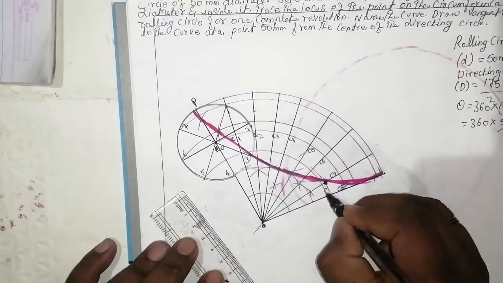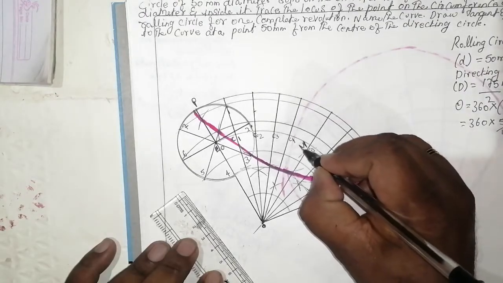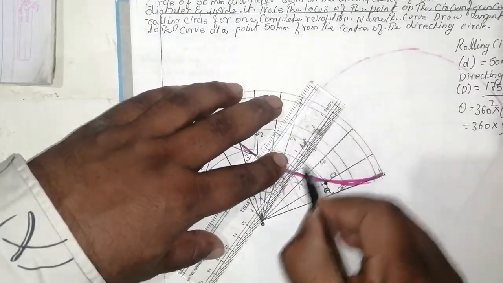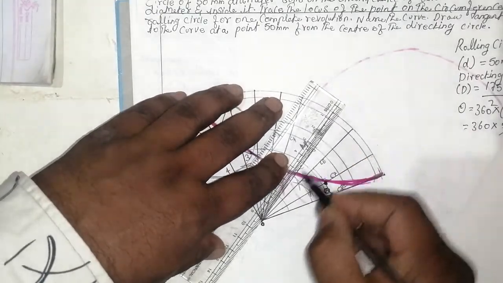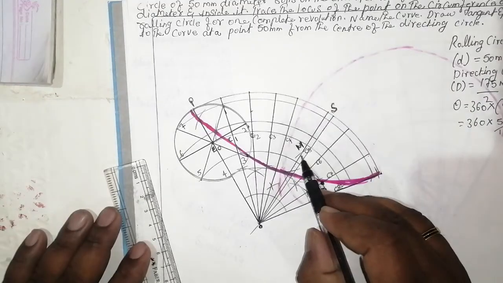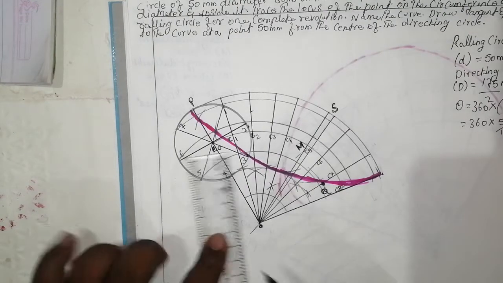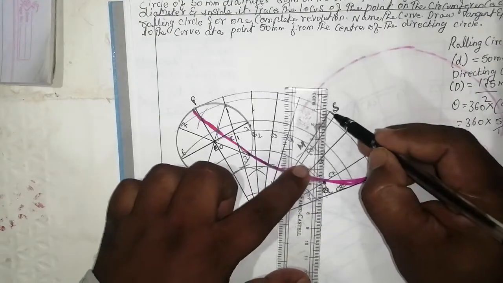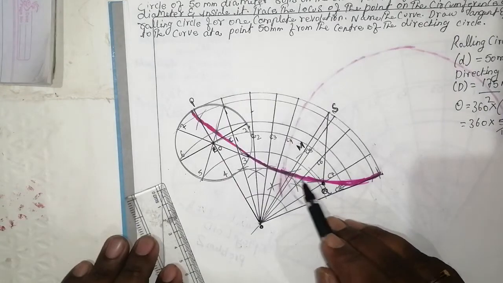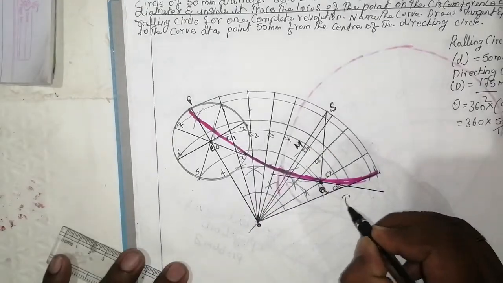This I'll take as Q. This I'll take as M. So after that I have to take from S, that is called a right angle. So this is called the normal, then the inclined line is called the tangent.